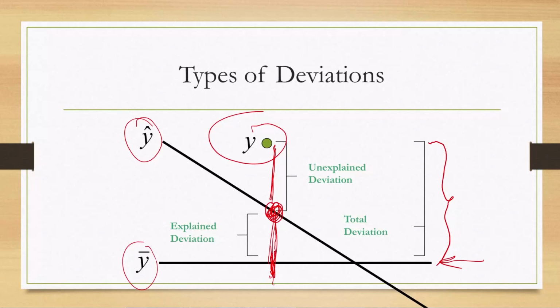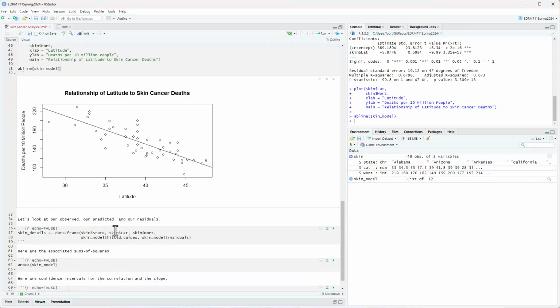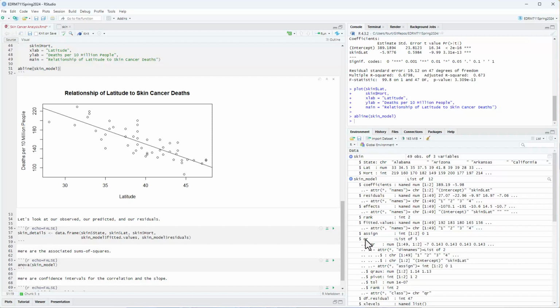So let's take a look at that actually in our data set. We can obtain some of those values. I'm going to look at observed, predicted, and residuals. It turns out, I told you that the skin model gives you a lot of stuff. One of the things that it gives you are the residual values, and one of the things it gives you are the fitted values. Fitted values is what R calls the predicted values, and residuals are the unexplained deviations.